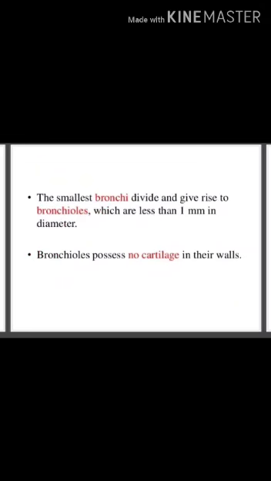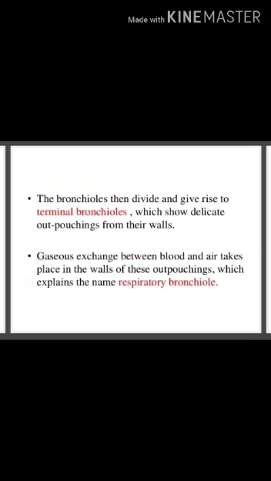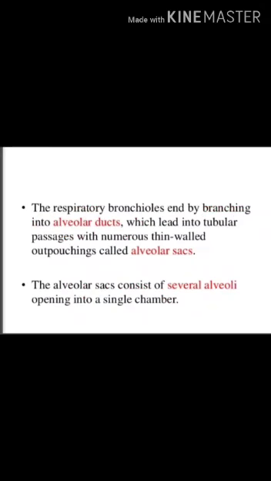The smallest bronchi divide and give rise to the bronchioles, which are less than 1 mm in diameter. Bronchioles possess no cartilage in their walls. The bronchioles then divide and give rise to terminal bronchioles, which show delicate outpouchings from their walls. Gaseous exchange between blood and air takes place in the walls of these outpouchings, which explains the name respiratory bronchiole.